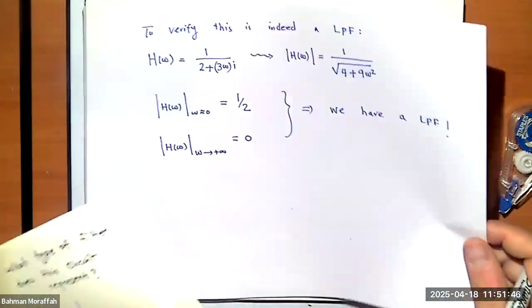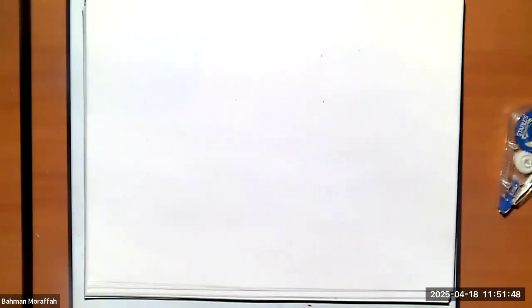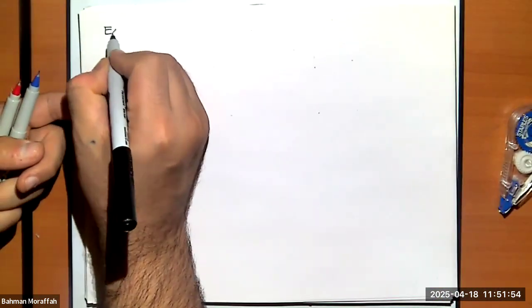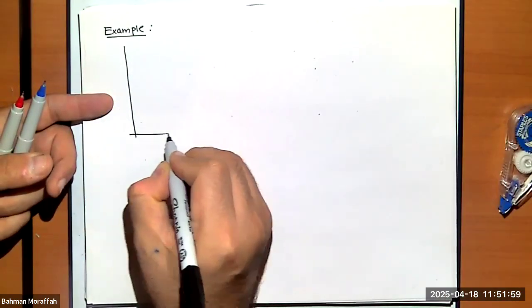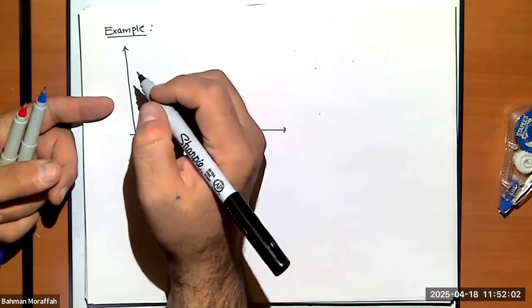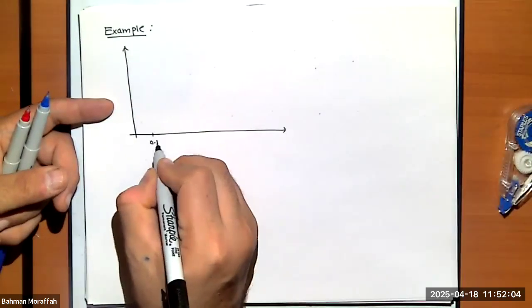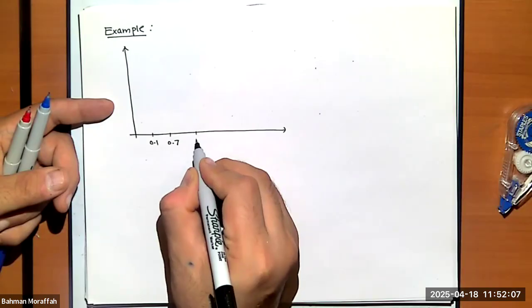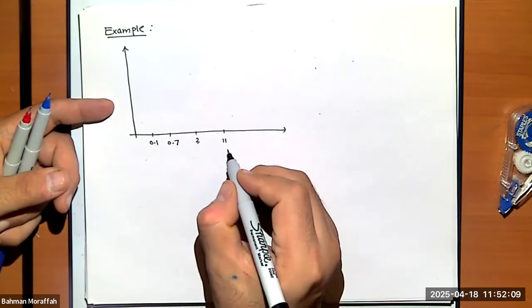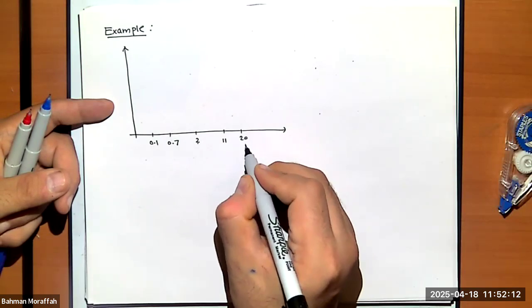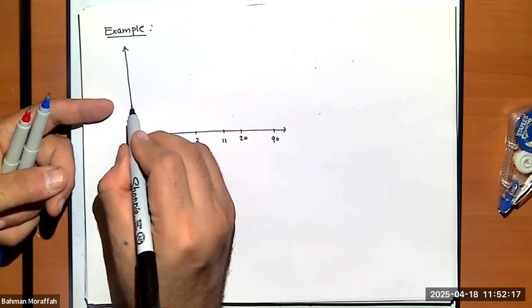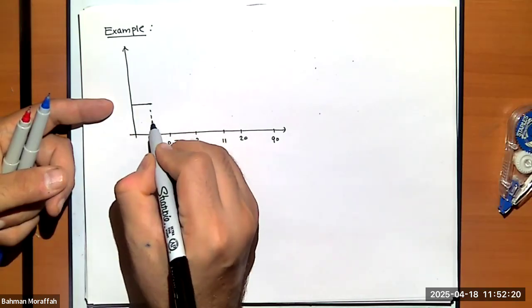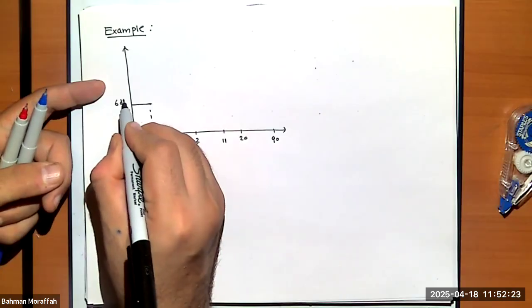Let's do an example. Let's just say I'm given this transfer function. This is 0.1, this is 0.7, this is 2, this is 11, this is 20, and this is 90. At this 0.1, the value over here is 6 dB.